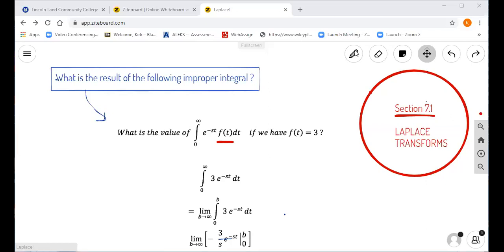To help motivate this, you'll see we have a question in the middle of the screen here. We've got an integral expression, and the question is, what value does this integral expression right here have? We can see that that is in fact an improper integral because its upper limit is infinity.